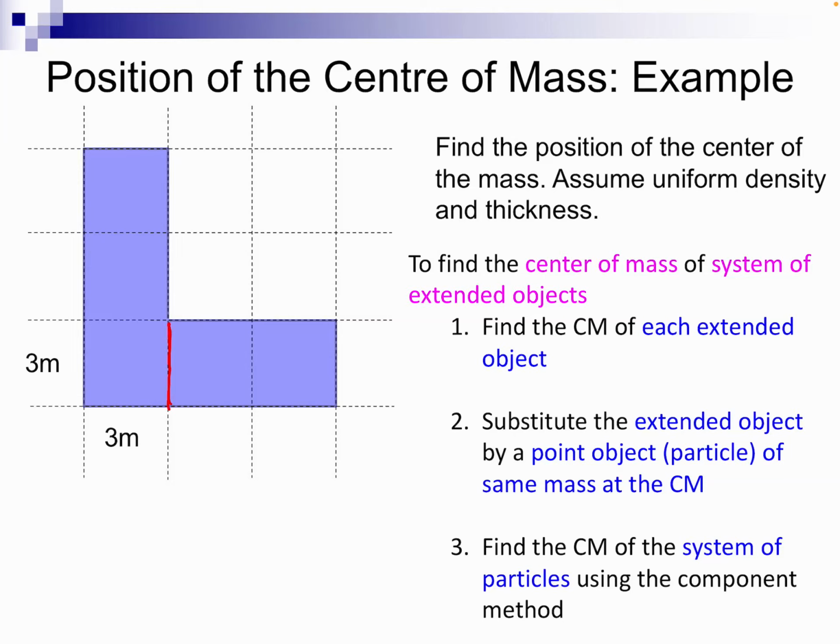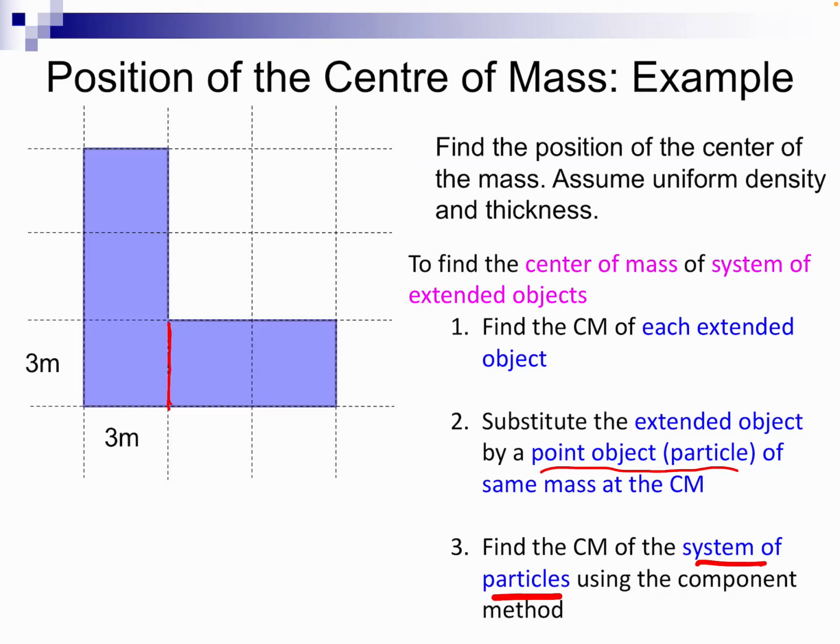Okay. So you can find the center of mass of each part. And then once you've found the center of mass of each part, you can consider those centers of mass as point objects. And then you can find the center of mass as if those point objects are a system of particles, like what we've looked at with those three masses in the earlier example.